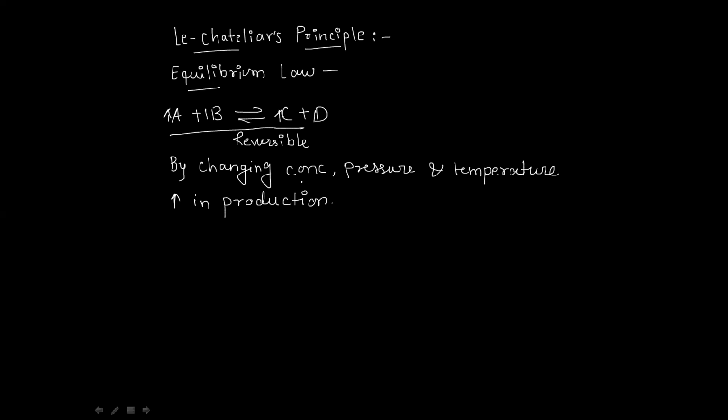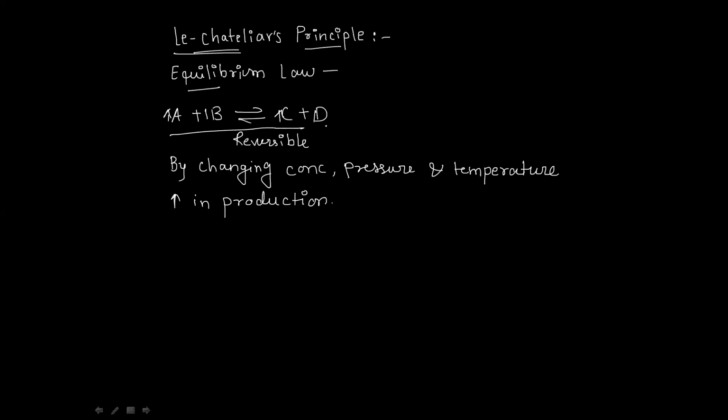For disturbing it, we have concentration, pressure and temperature. So that is the main motto of Le Chatelier's principle: it is used to predict the effect on a system in chemical equilibrium, by the effect of changing concentration, changing pressure and changing temperature.